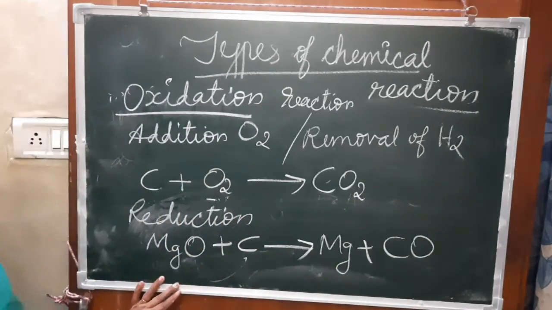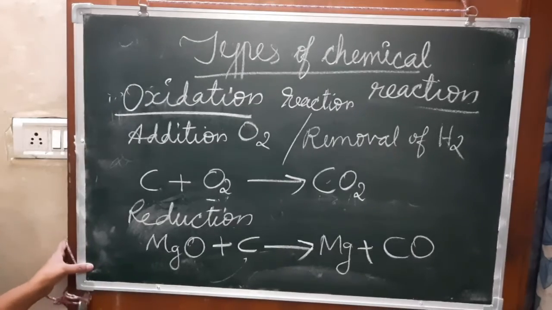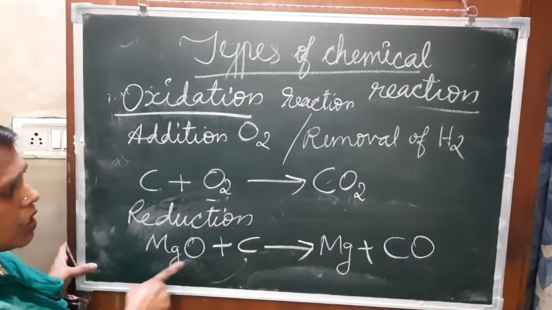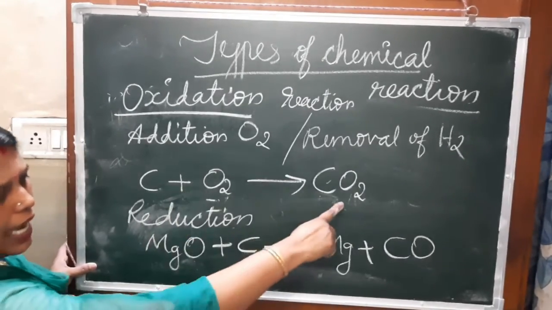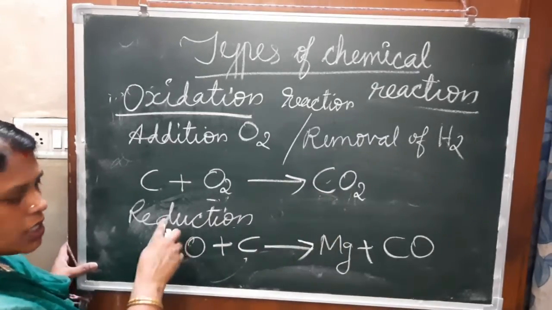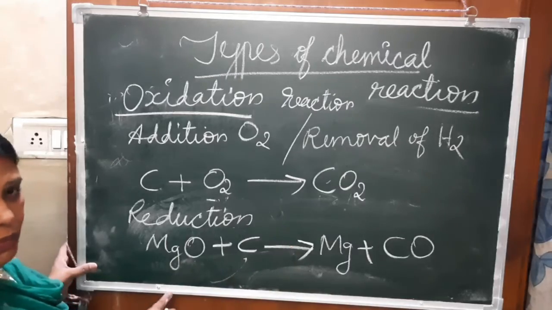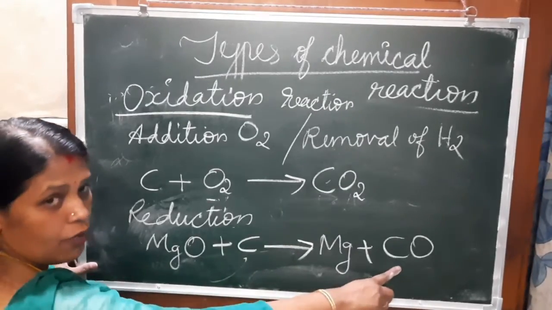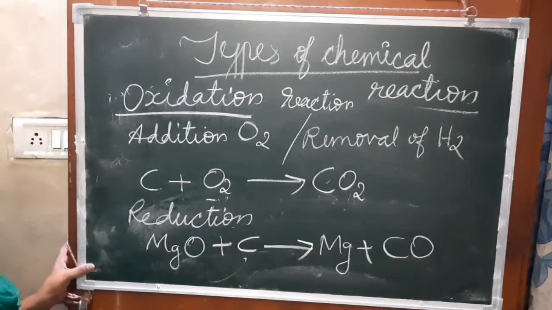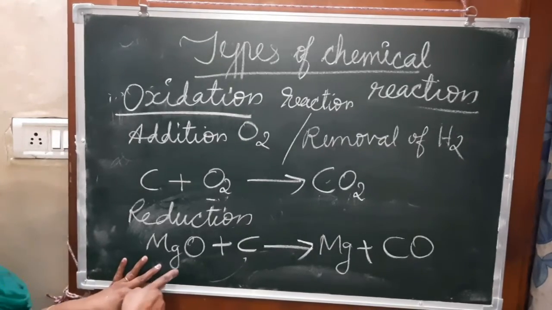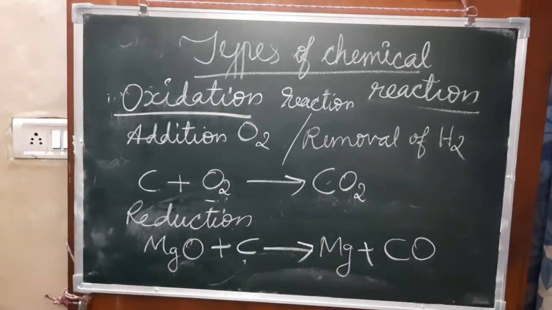So here magnesium oxide is losing oxygen and carbon is adding oxygen. Magnesium becomes separate and carbon monoxide is formed. This is the reduction reaction.